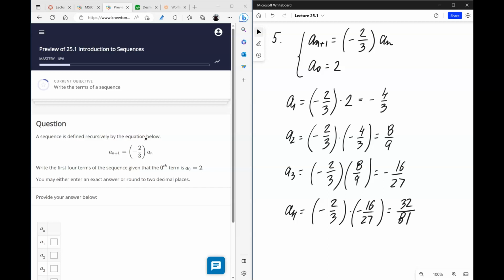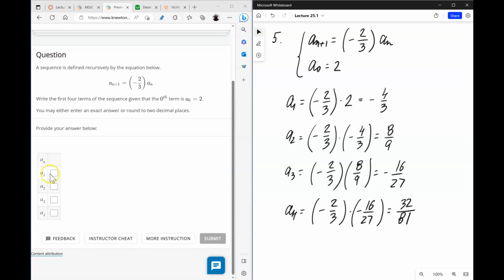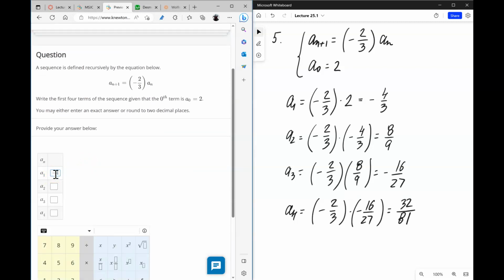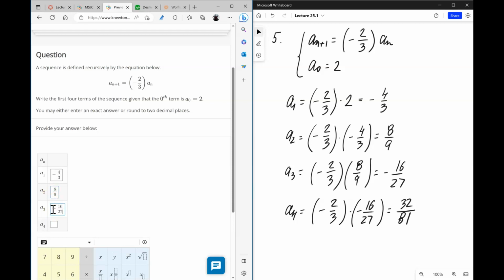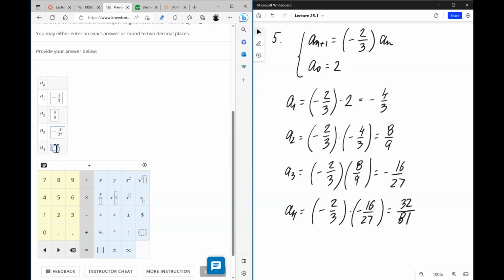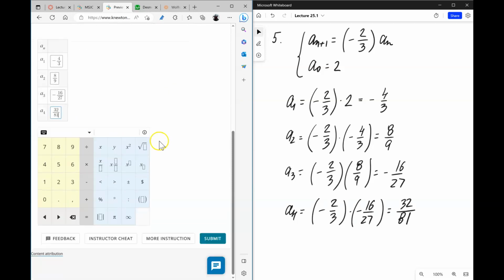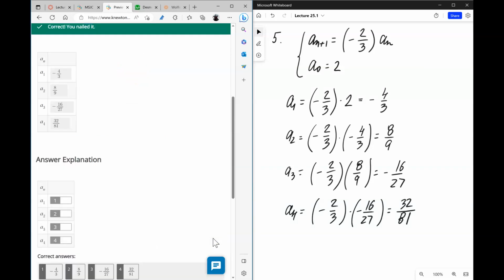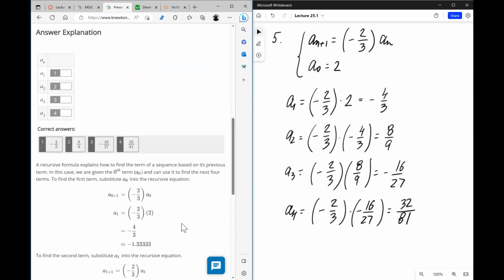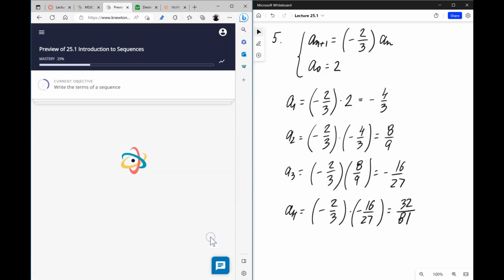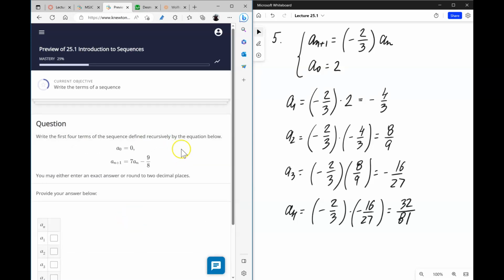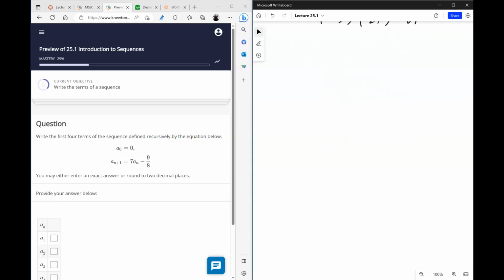And let's enter the answer. And we have another similar problem.